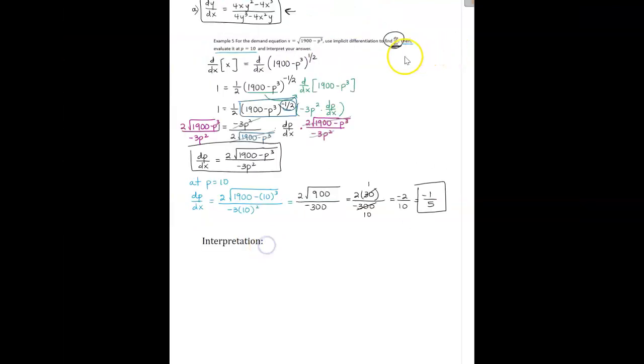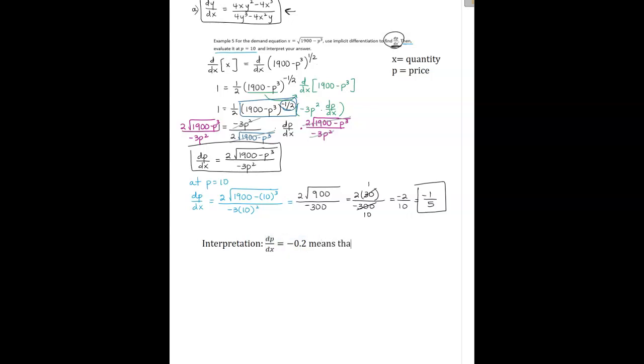And now we're going to interpret this. So in this problem, we had this demand equation. The demand is showing how much people are demanding this product. So our x is the quantity of whatever is being sold, and the p is the price for which it is being sold. So we calculated that dp dx is equal to negative 0.2.